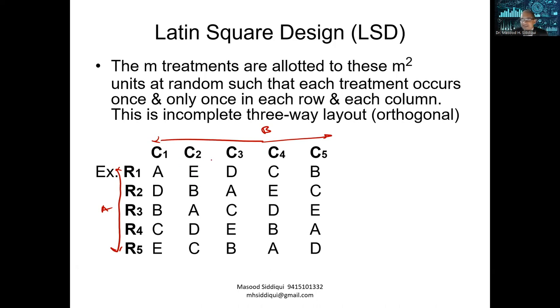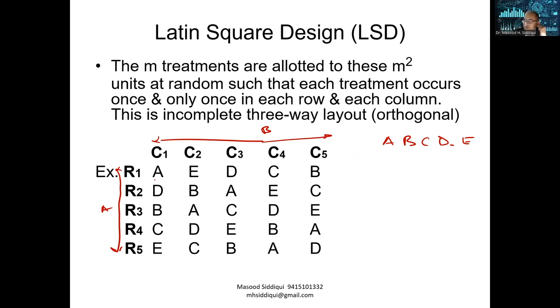So it has the same 5. Now, these are the treatments: A, B, C, D, and E. There are 5 treatments. So the number of rows equals the number of columns equals the number of treatments that is being applied.